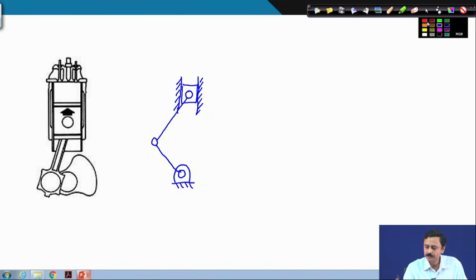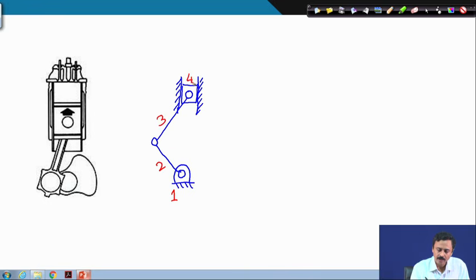I will number the links first. Ground is 1, 2, 3, and the piston is 4. Therefore, the number of links is 4.